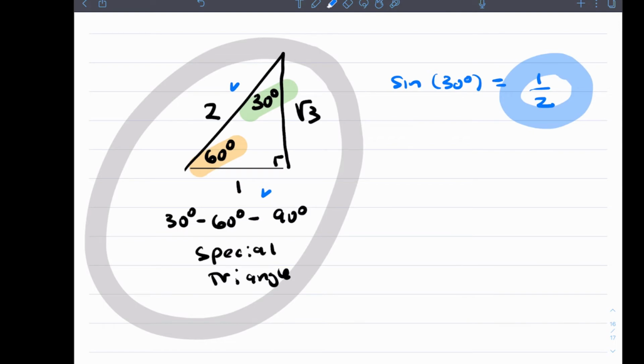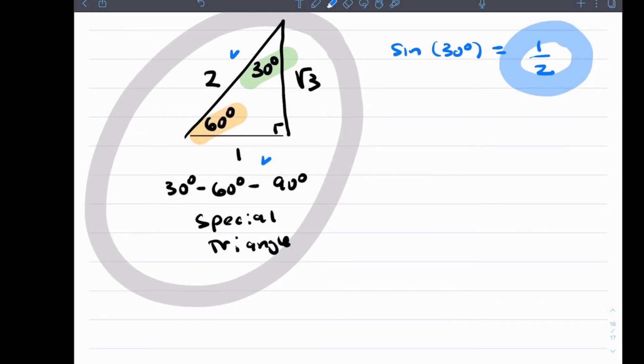Okay, good job, good job. Now let's do cosine. Cosine of 30. What's cosine of 30? It's adjacent over hypotenuse. There we go.